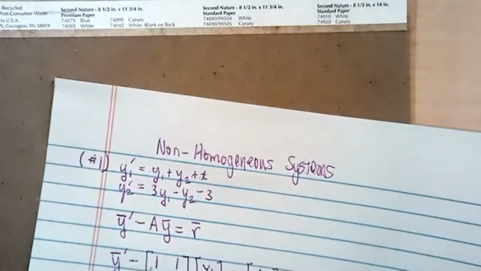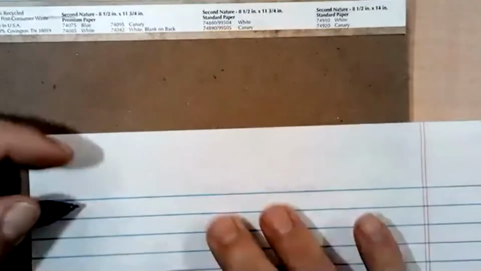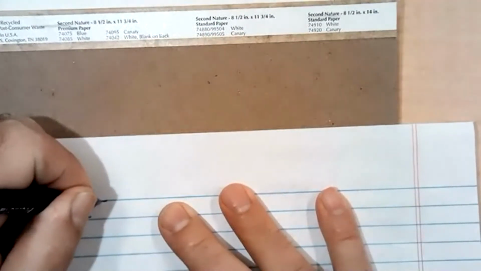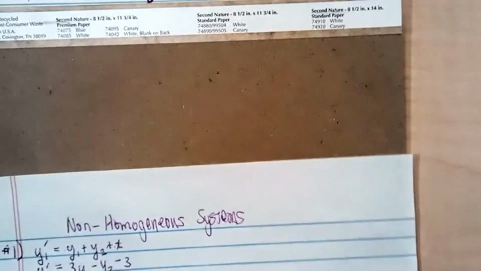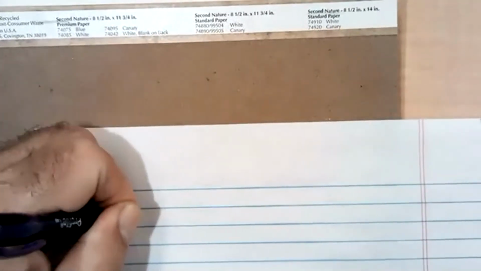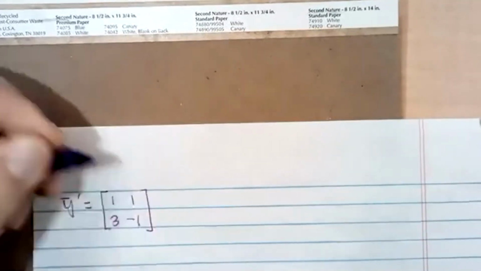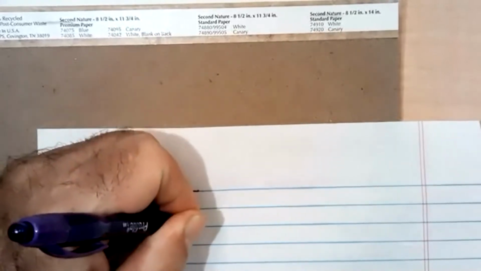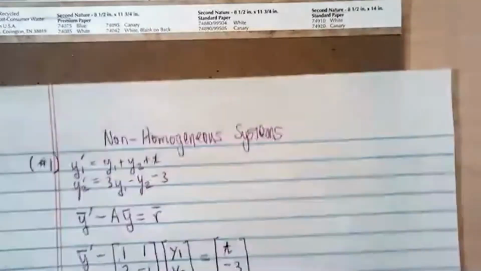What we have here is y bar prime equals A, which is 1, 1, 3, -1, times y plus the right-hand side, t and -3.